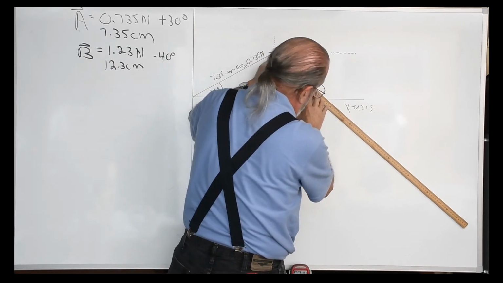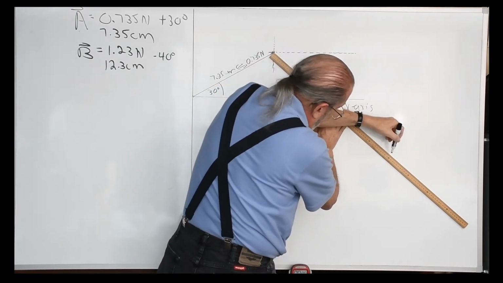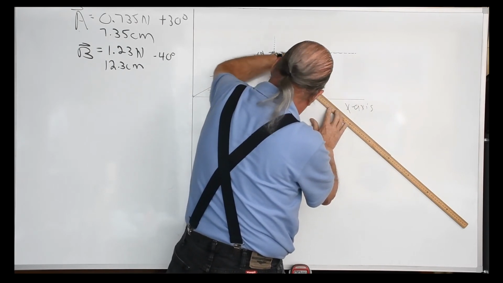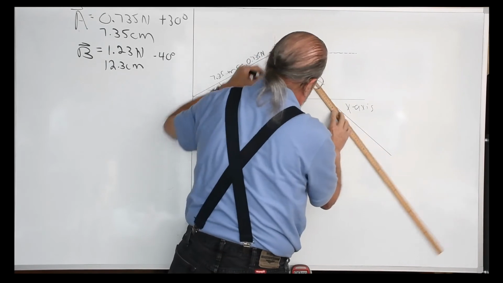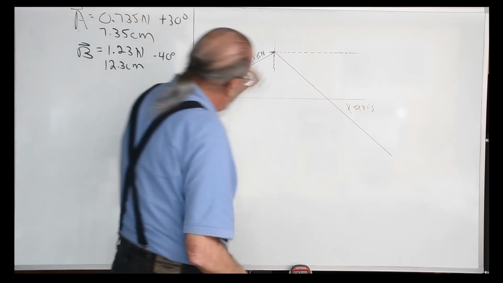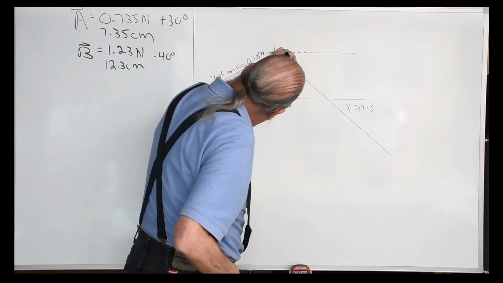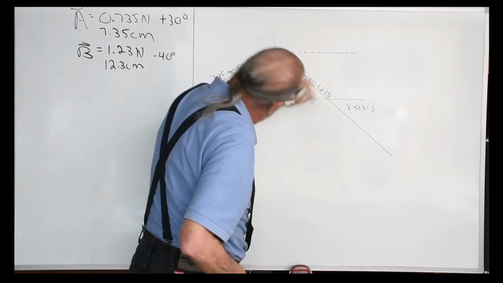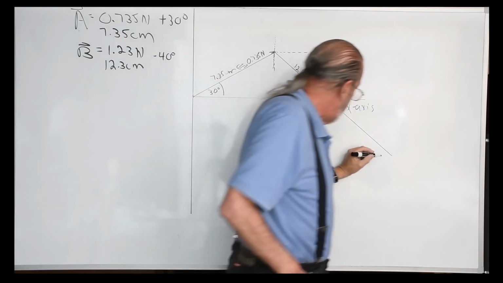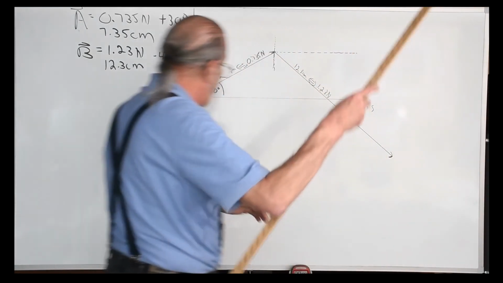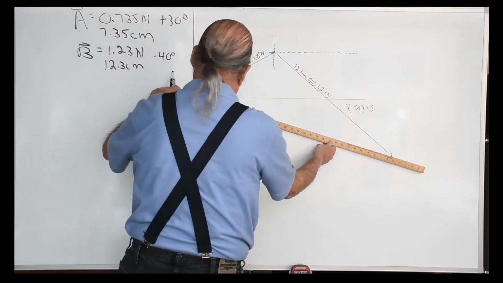About like that. And on your paper this is 12.3 centimeters corresponding to 1.23 newtons. And then we put that there, like so.